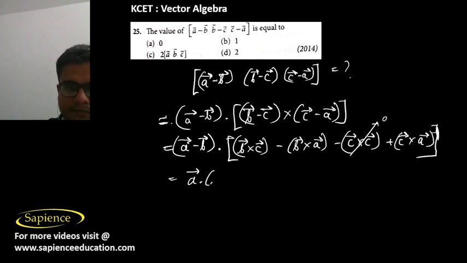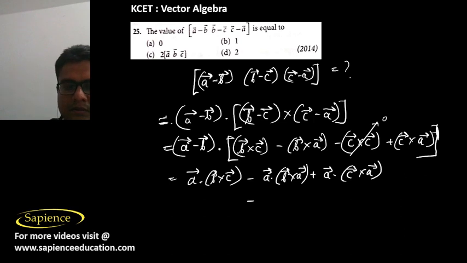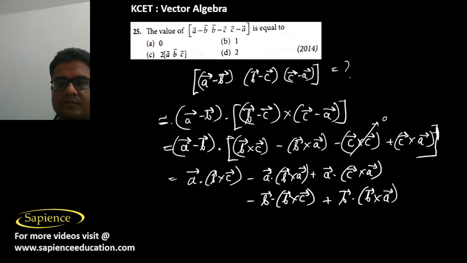So this will be A dot B cross C minus A dot B cross A plus A dot C cross A, and minus B dot B cross C plus B dot B cross A, minus B dot C cross A, then minus B dot B cross A.